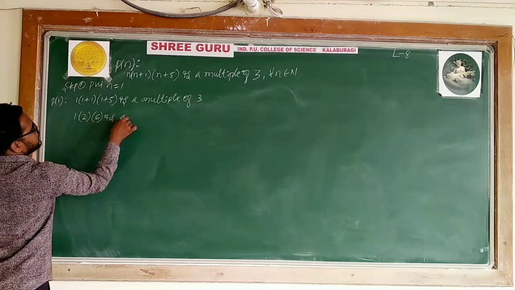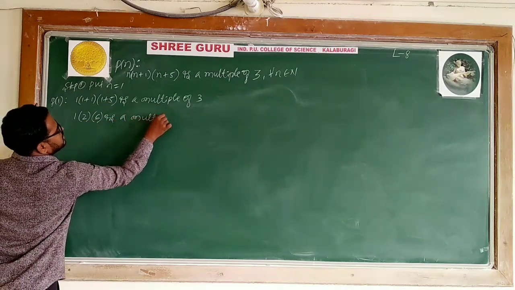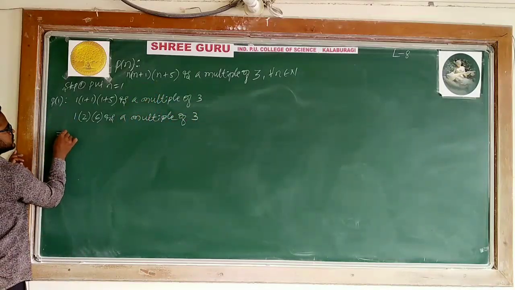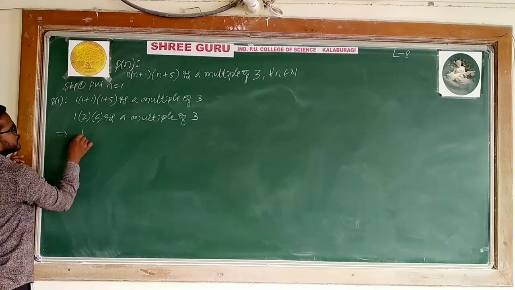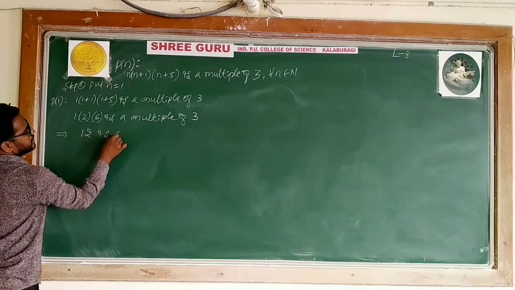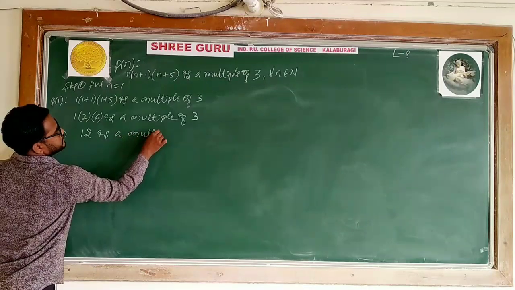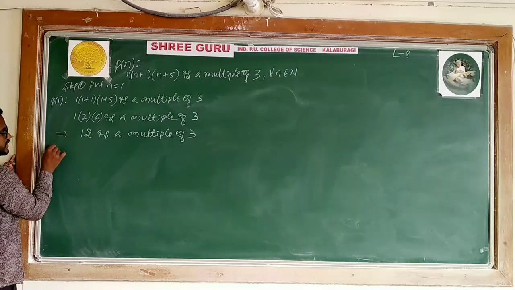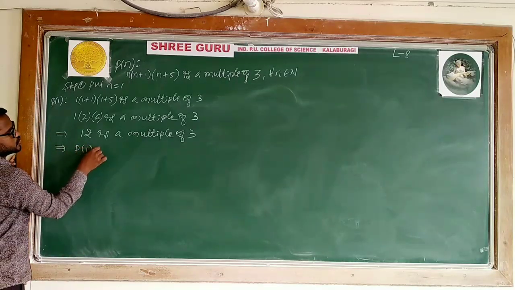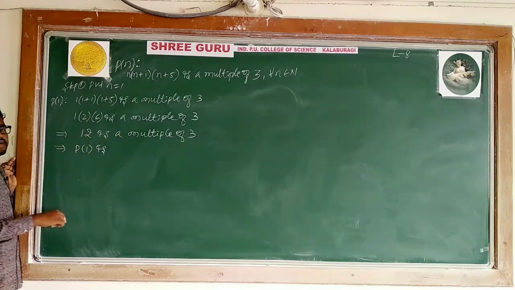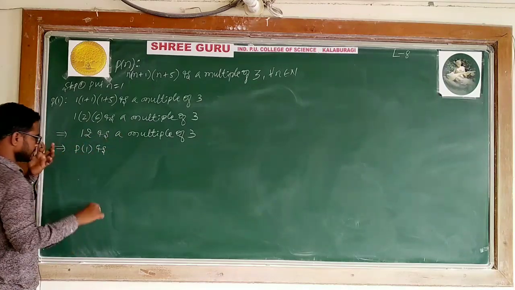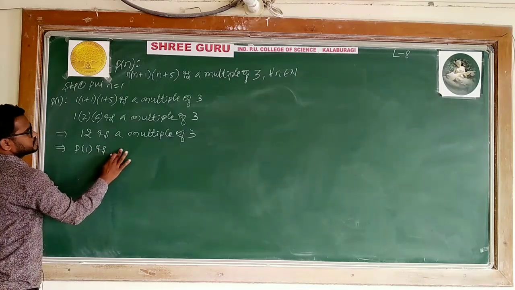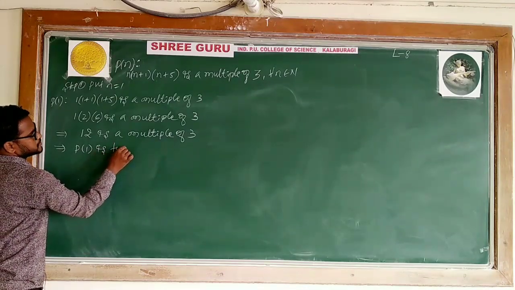So 1 into 2 into 6 is 12. So 12 is a multiple of 3, yes? Means you can say P of 1 is true because this number is a multiple of 3, or you can say this number is divisible by 3. P of 1 is a multiple of 3, so it is true.